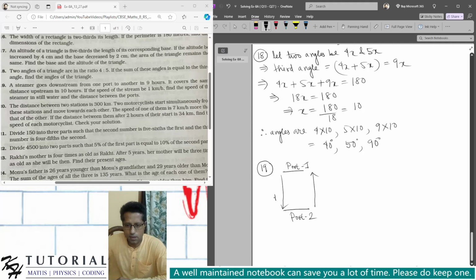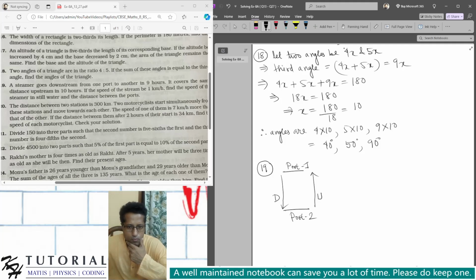So down and up. It is given that the steamer takes 9 hours to go from port 1 to port 2, that is downstream, and it takes 10 hours to go from port 2 to port 1, that is upstream.